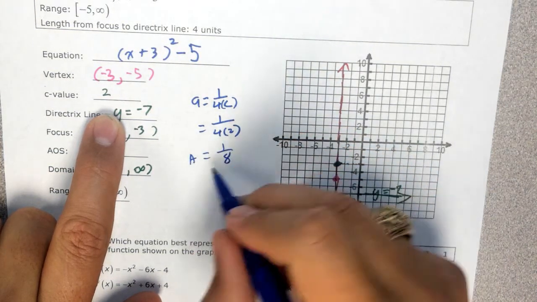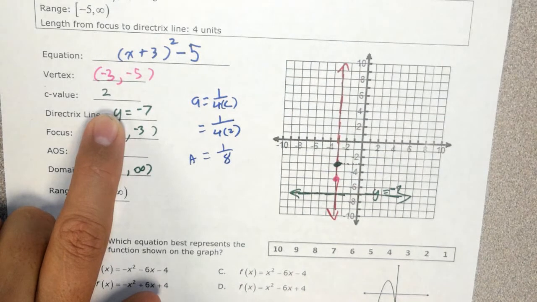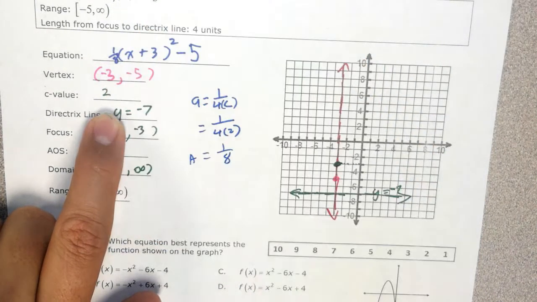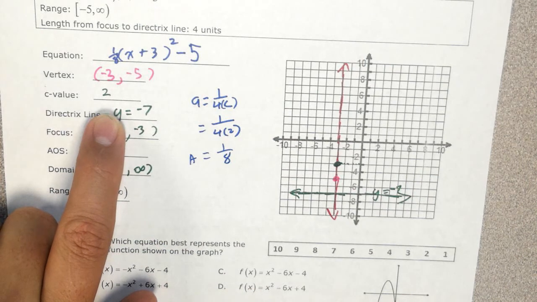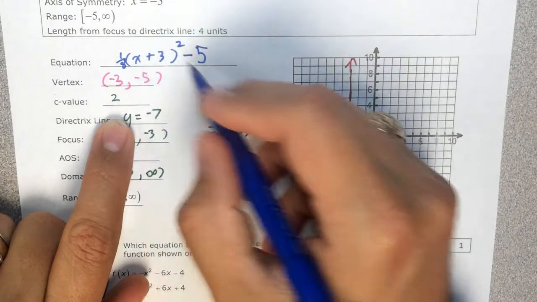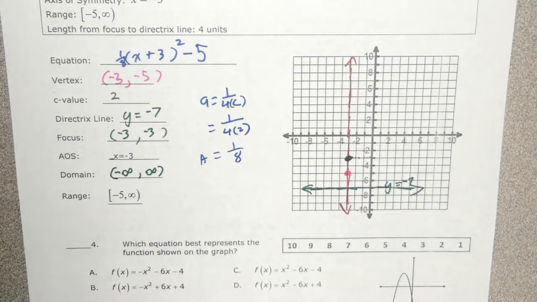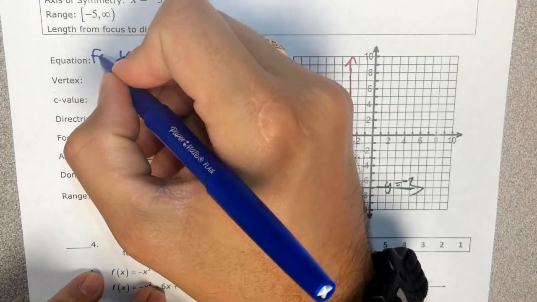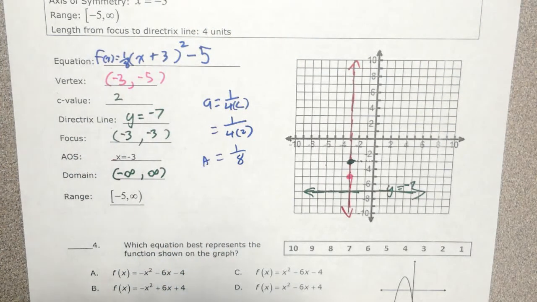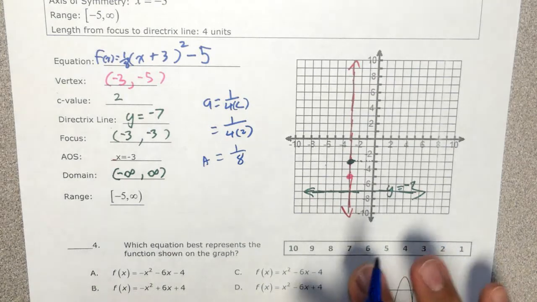My a value is 1/8. I'm going to put that right here. Once I have that, my equation is completely done: 1/8 (x plus 3) squared minus 5.